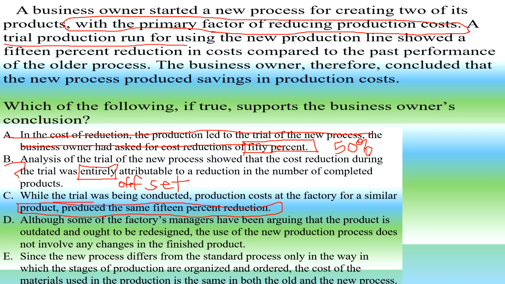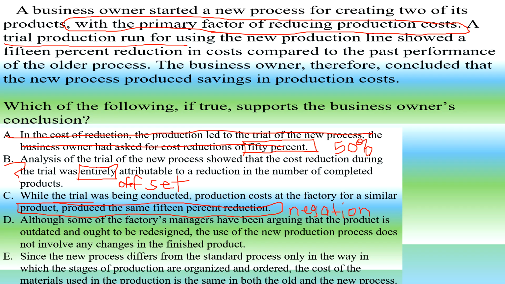Okay, produced the same 15%. See, that's going to offset, and that's going to be a negation. So if they ask you for a negation, this could be a possible choice for C, but it's not. It's asking for support, so we've got to find something that supports it.